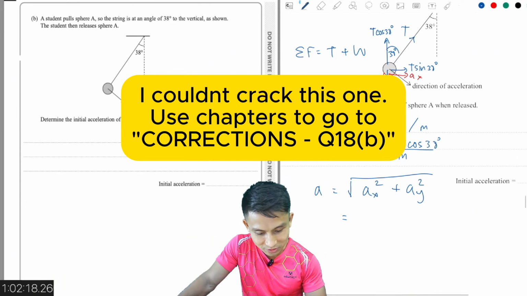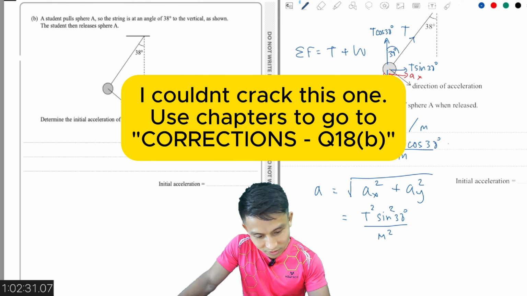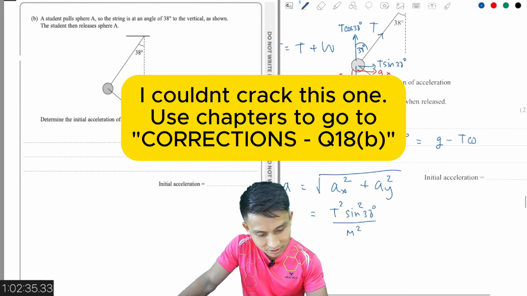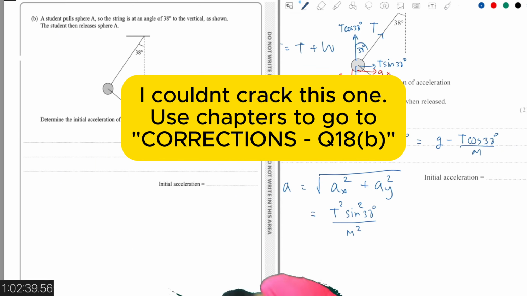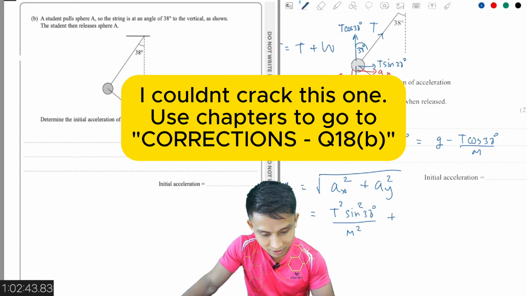Okay, so we're just going to try this. T squared sine squared 38 divided by M squared. I believe it's probably going to give me something. Let's just simplify that. So we get g minus T cos 38 divided by M, and then we have plus here.